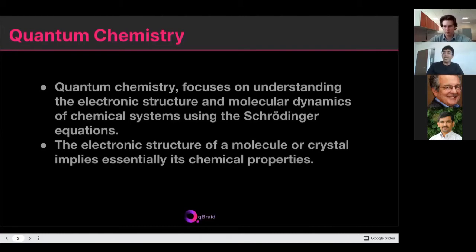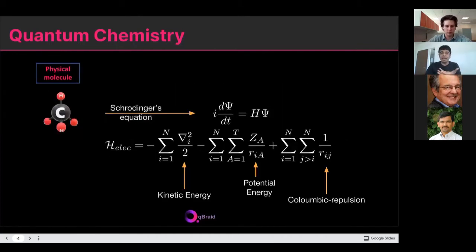Okay. And then what goes into that equation? How does it expand? Well, you start with a physical molecule. This, as I showed you on the previous screen, is Schrodinger's equation. This H is the energy operator, which basically governs this energy landscape, which tells you how the wave function is going to evolve.